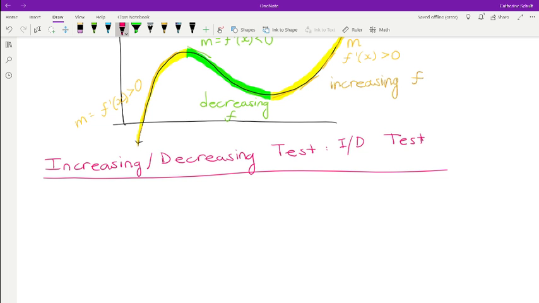So this is what we have to do. To do the increasing-decreasing test, we have to look at the derivative and figure out where the derivative is positive. If the derivative is positive on an interval, then f is increasing on that interval.